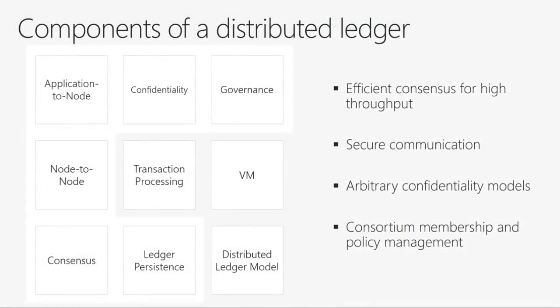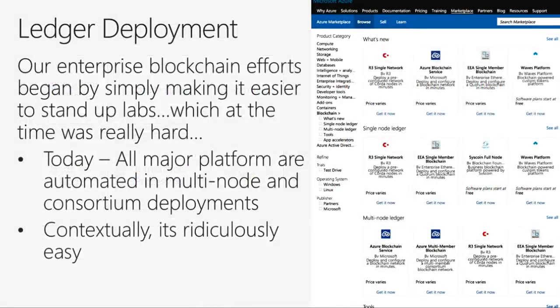It has virtual machines, like Ethereum has the Ethereum virtual machine. Fabric has chaincode, which actually has a VM behind it as well. We have consensus algorithms, which people spend an enormous amount of time on to figure out these things. But we take a look at these things and we said, we can make this thing better. I'll talk about how we're addressing that.